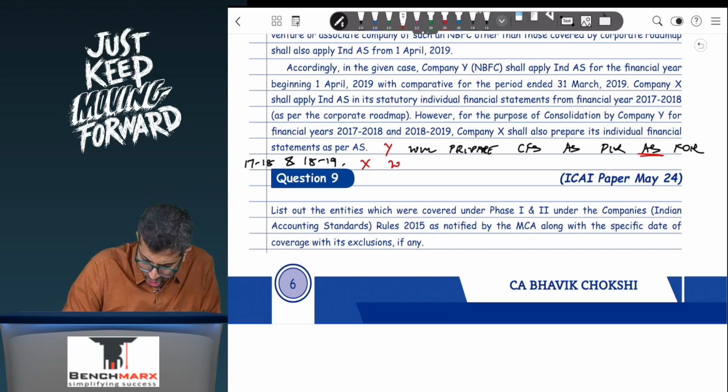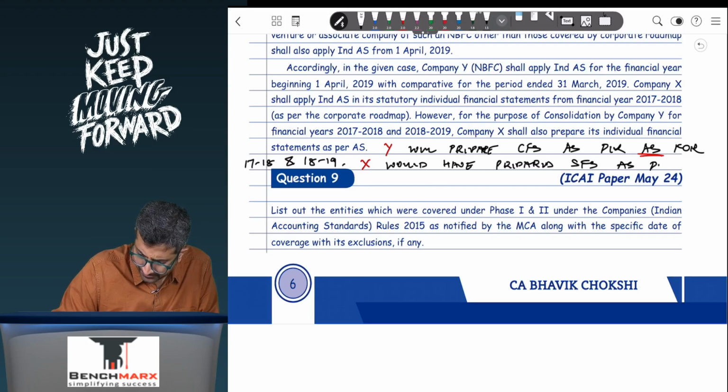X would have prepared SFS. SFS is standalone financial statements as per Ind AS, full stop.